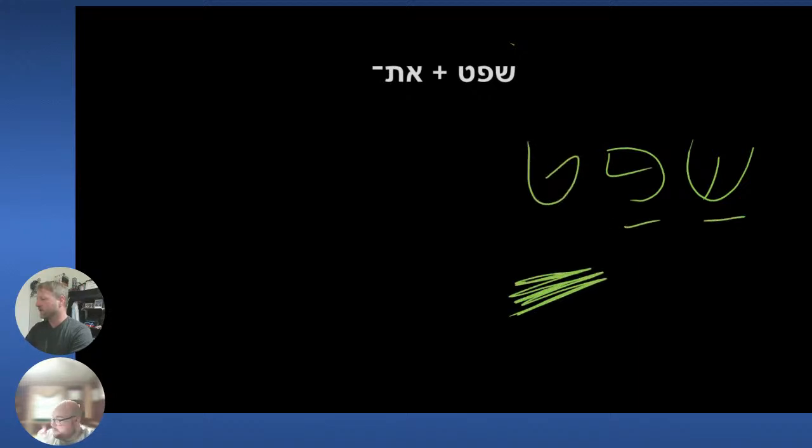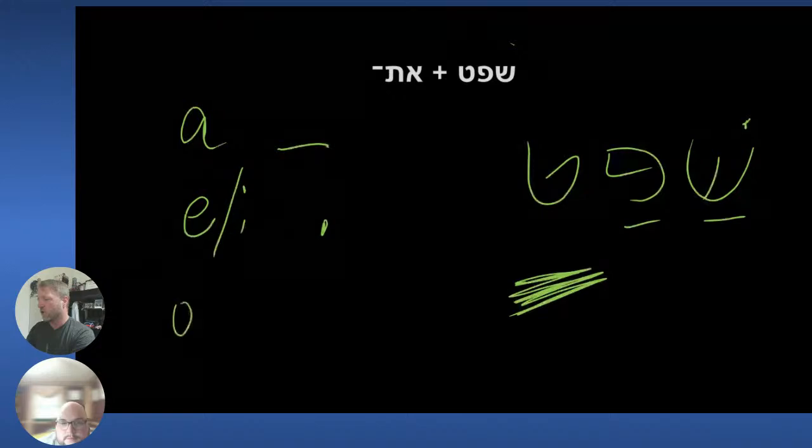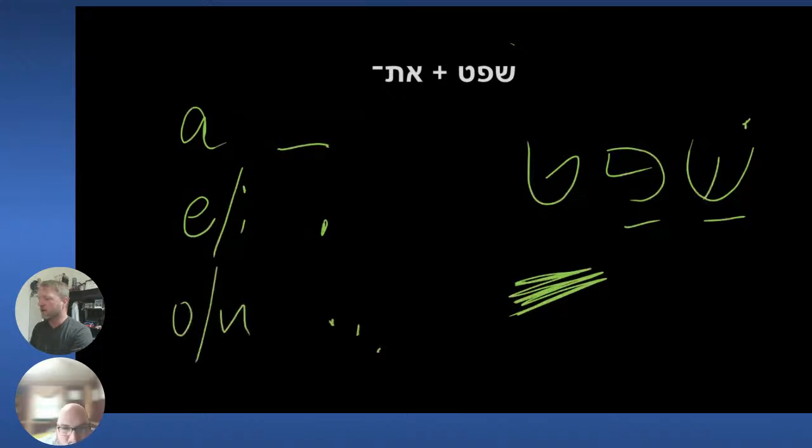We are going to render all A-class vowels with patach. When we look at the historical forms, we're going to render all vowels in three forms normally. That is, A is patach, E or I is chirik, and O or U is kubutz. When we think of historical forms, we always render to these three.